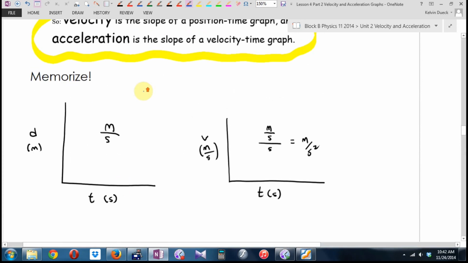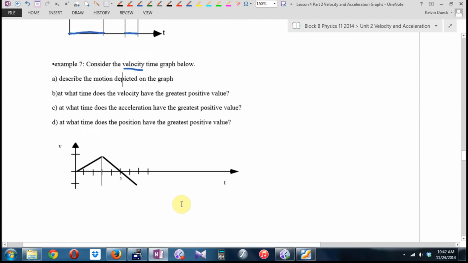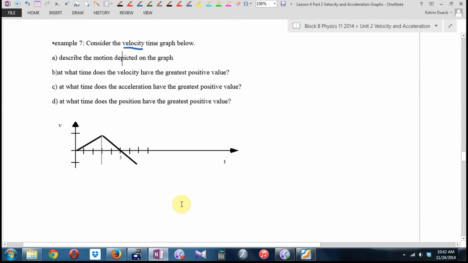What's the slope of a velocity time graph? Thomas? So the slope of this is going to be the acceleration. Where does velocity appear on a velocity time graph? The height, how high you are.